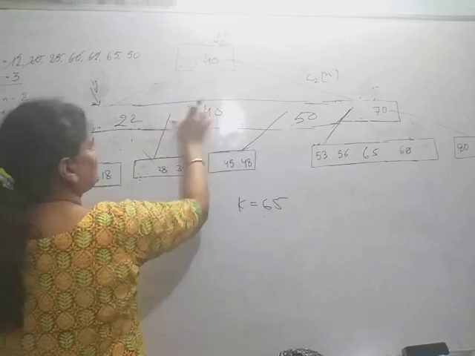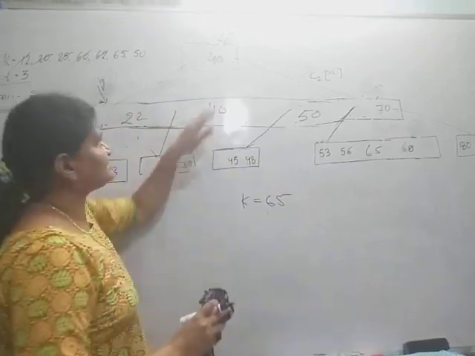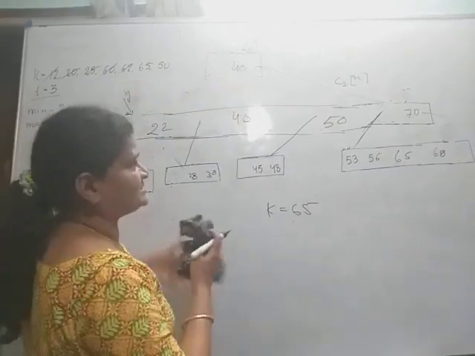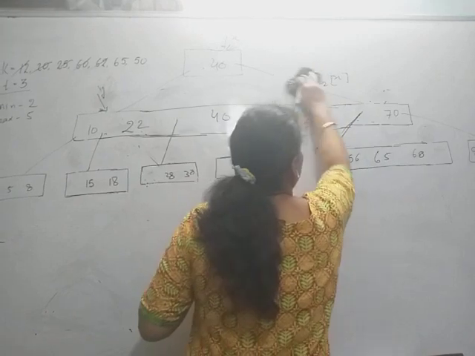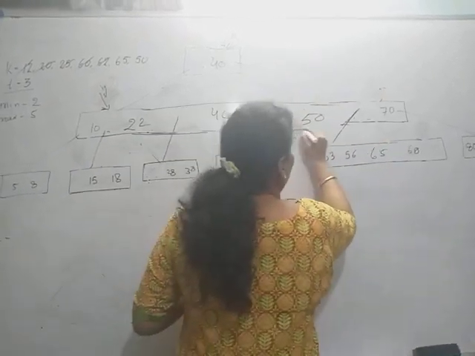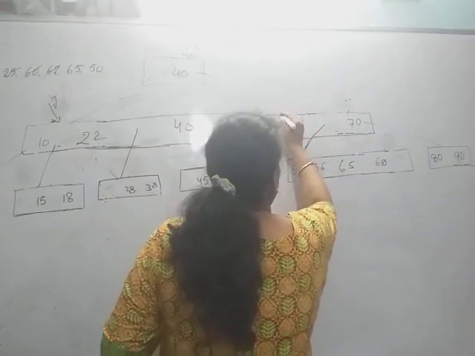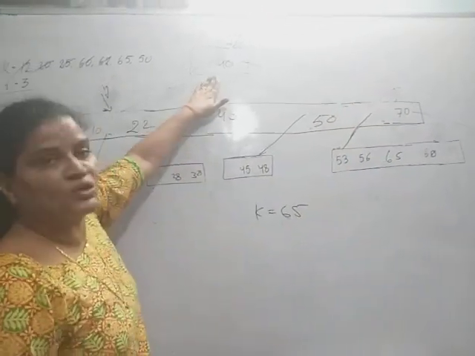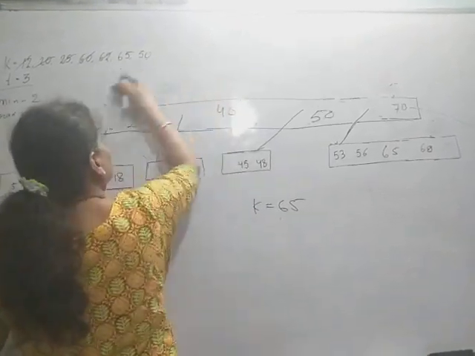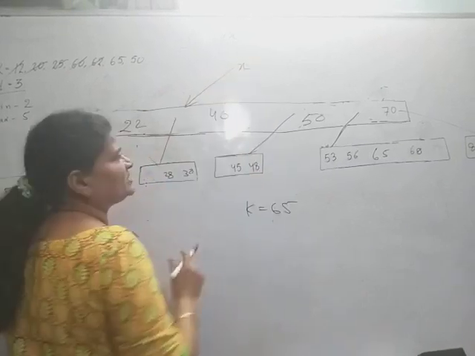22, 40, and now the root node's left child, of course this pointer is deleted and this node is deleted, freed, and this node also is to be deleted, and this will become the new root of the tree.